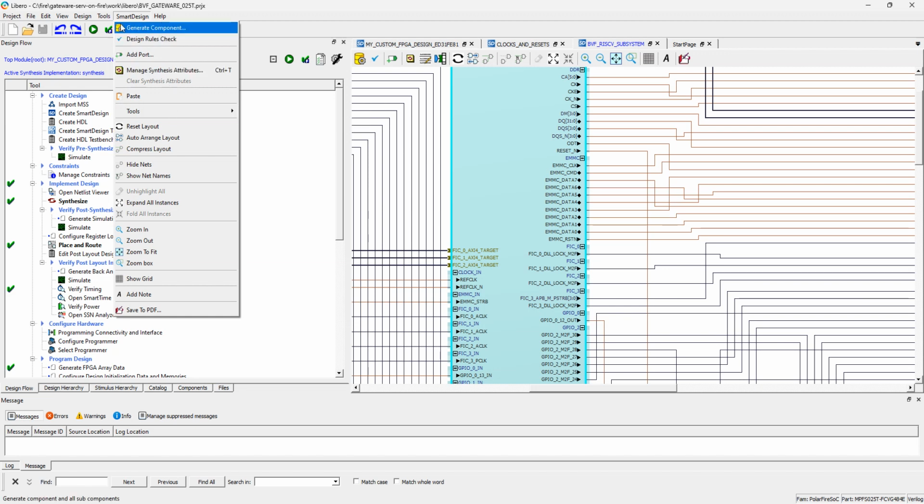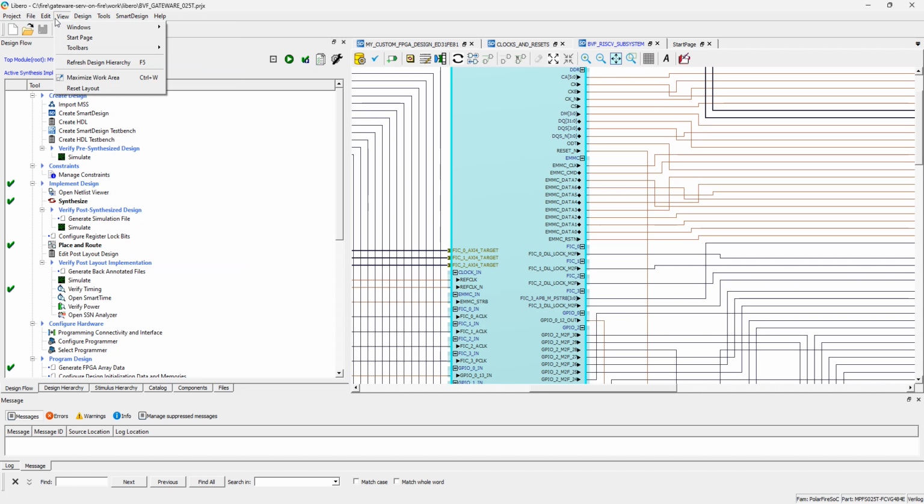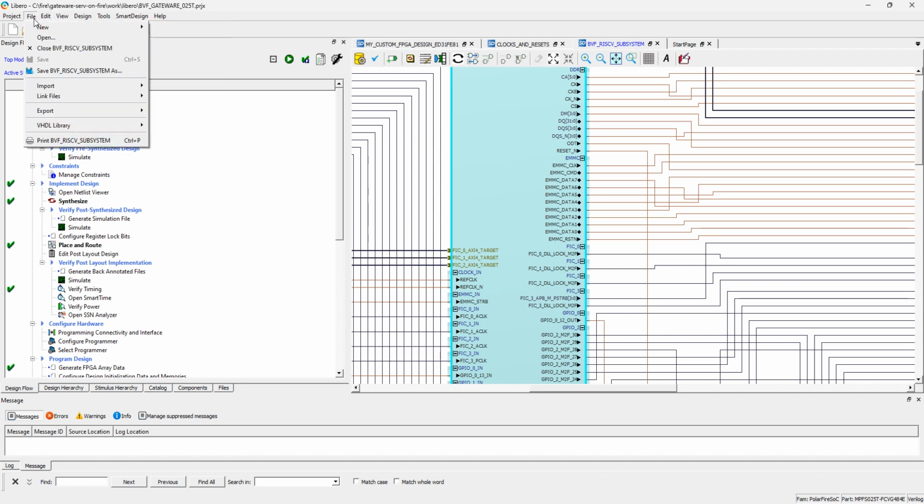Seeing if there's anything else that we want to touch on. I think we're just going to call it from here.